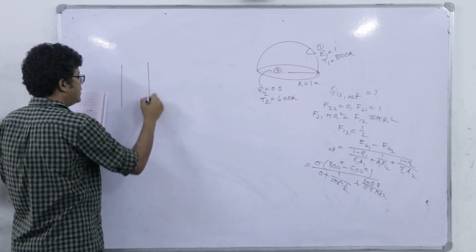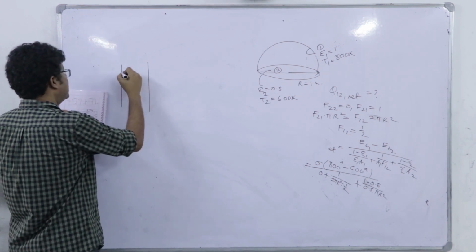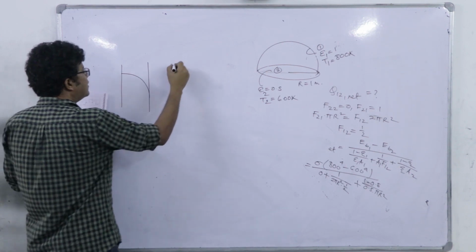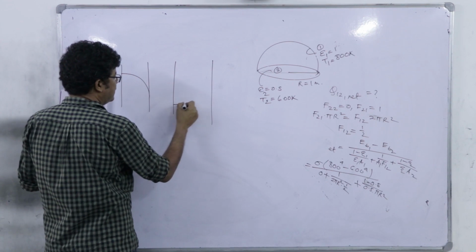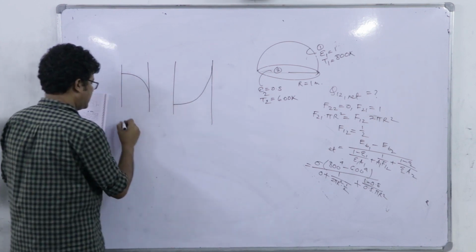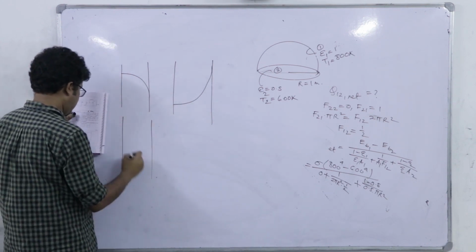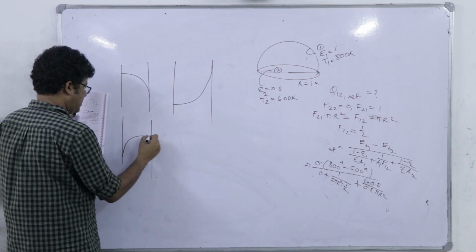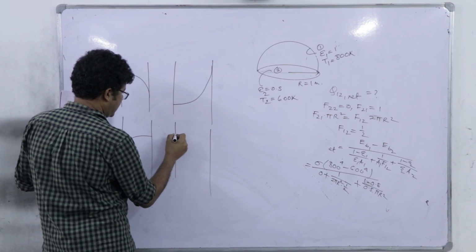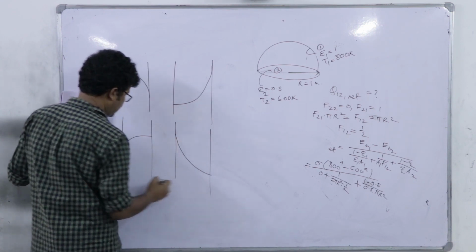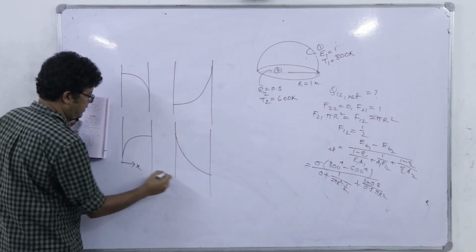Like here, then this, this and this. So, this is X everywhere.